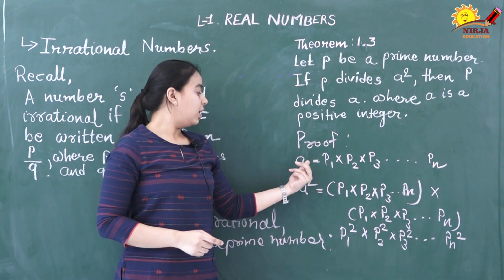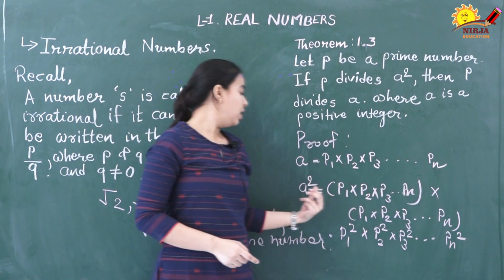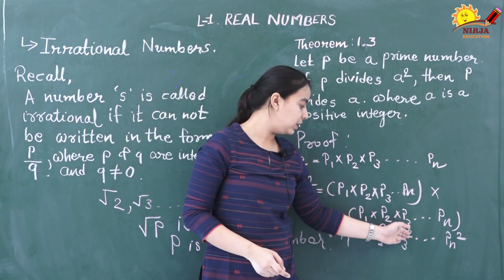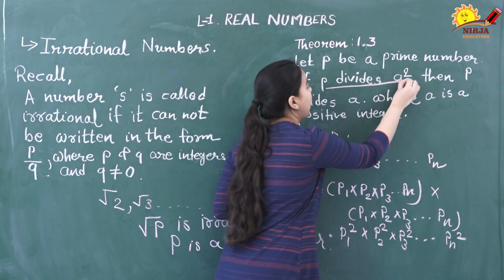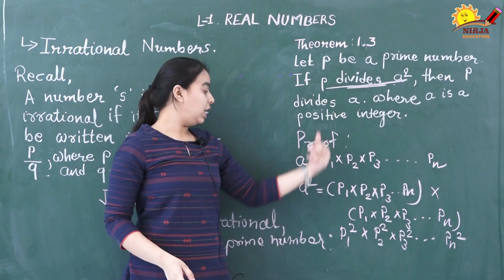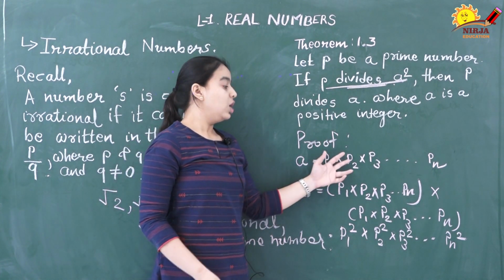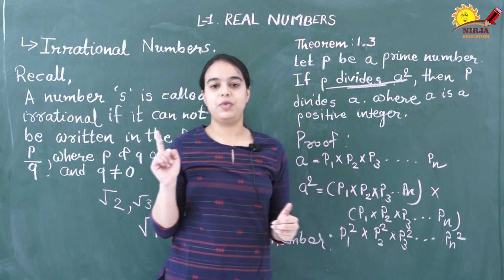उसका मतलब है अगर a के फैक्टर्स p1, p2, p3 और pn हैं, a स्क्वायर के फैक्टर हमने ढूंढे तो हमको मिला p1 स्क्वायर, p2 स्क्वायर, p3 स्क्वायर और pn स्क्वायर. Here it is given that p divides a square, यानी कि p जो है वो ऑलरेडी a स्क्वायर का फैक्टर है. So this factorization is unique as per the fundamental theorem of arithmetic.